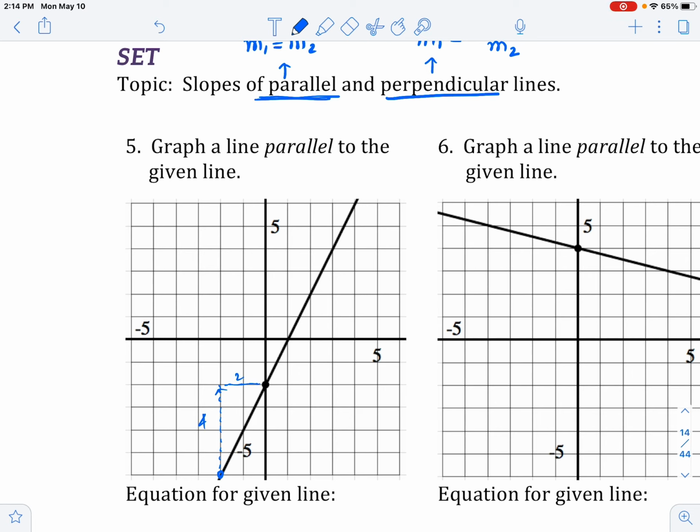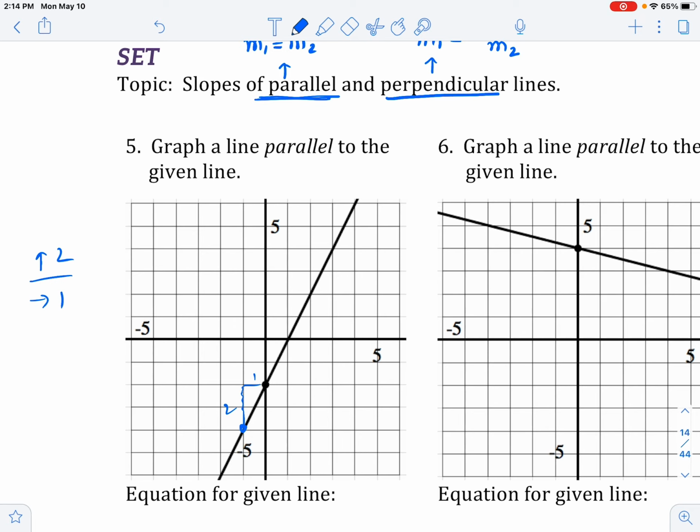Or, if you don't want to take those bigger numbers, another strategy: from this point, you go up by 2 and right by 1. So up by 2 and right by 1. You have to do it like that.